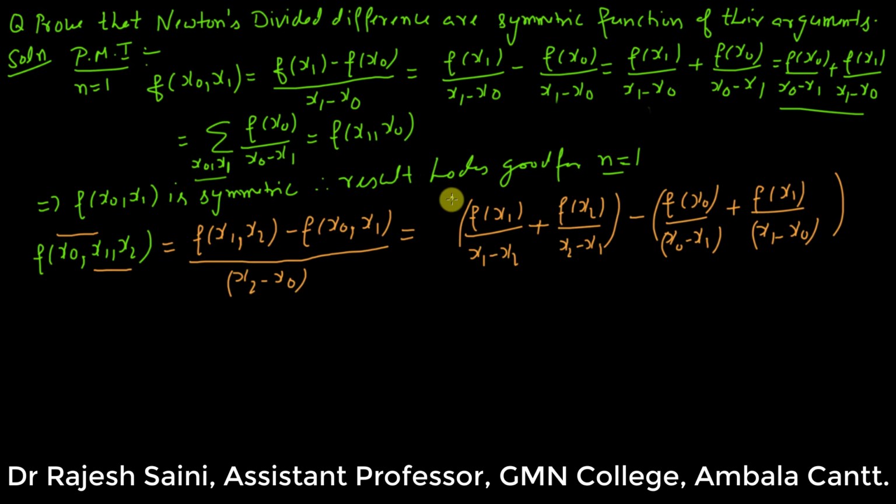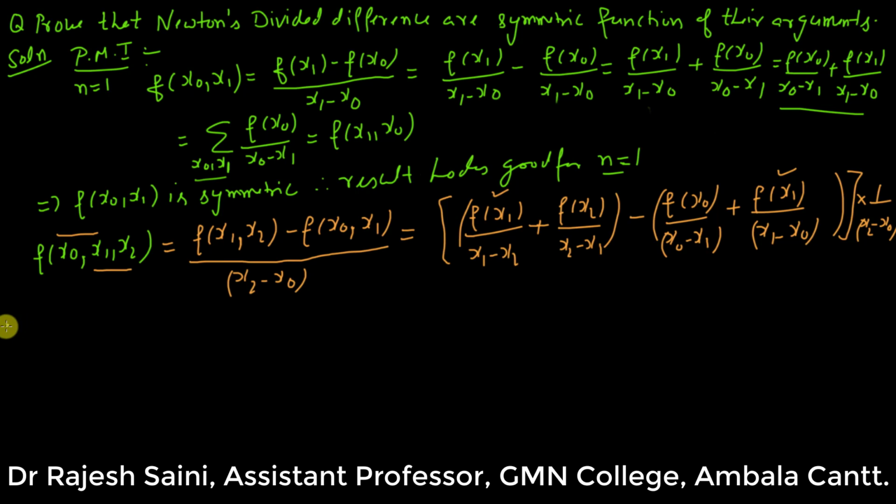Fine. So outside is 1 by x2 minus x0. Now collect the same terms, like we are going to collect f of x1.